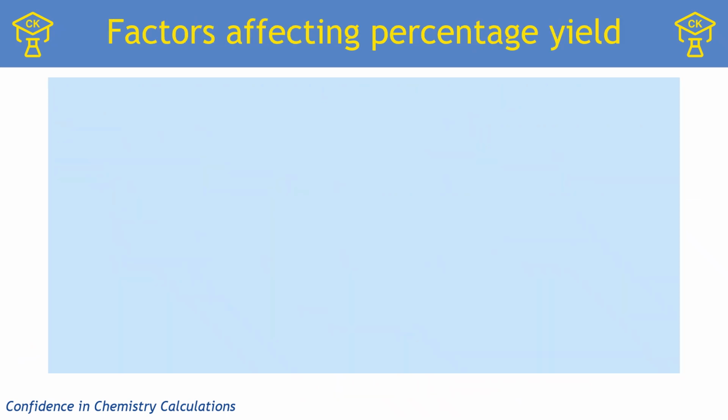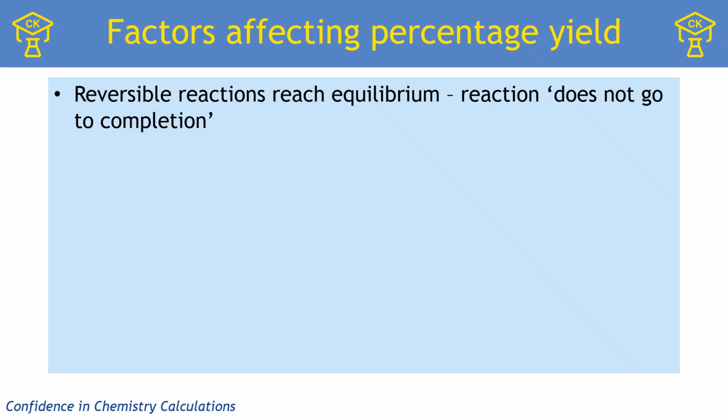So why is it that some reactions don't have 100% percentage yield? And these are the kinds of things that might be added on at the end of your calculation question. So one of the reasons is that it may be a reversible reaction. You should be looking out for equilibrium reversible reaction arrows in this case.